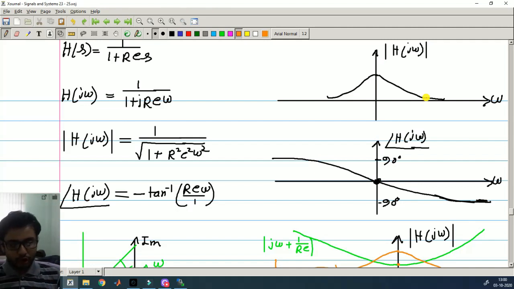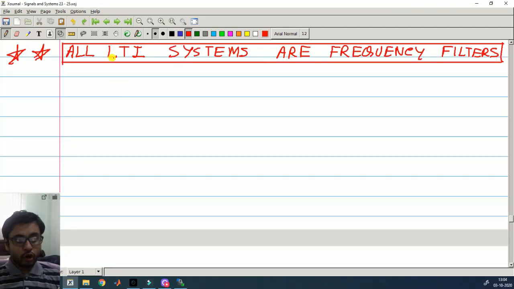Now at this point I want to tell a very important thing, that all LTI systems are nothing but frequency filters. What do I mean by that?